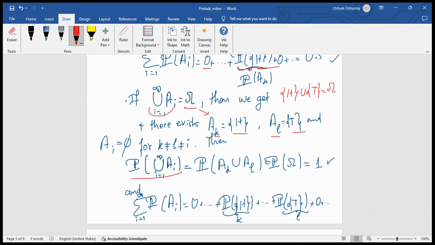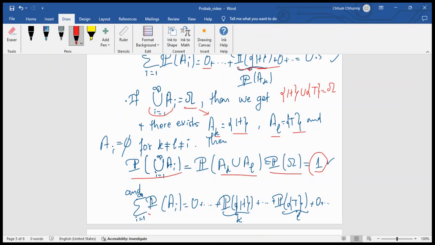Then the left hand side, P of the union equals P of AK union AL, because only these two sets are not empty and the rest are empty sets. So it is equal to P of omega, which is equal to 1 from our assignment.